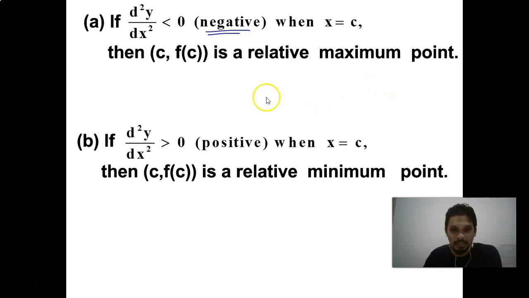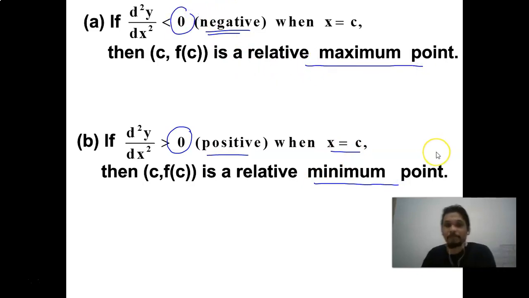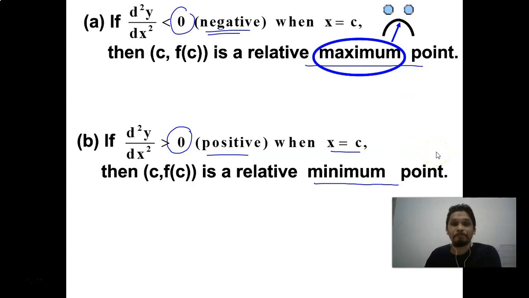The opposite: if the second derivative of y with respect to x is greater than 0, or positive, at x equals c, there is a relative minimum point. Positive gives a minimum point, and negative, less than 0, gives a maximum point.